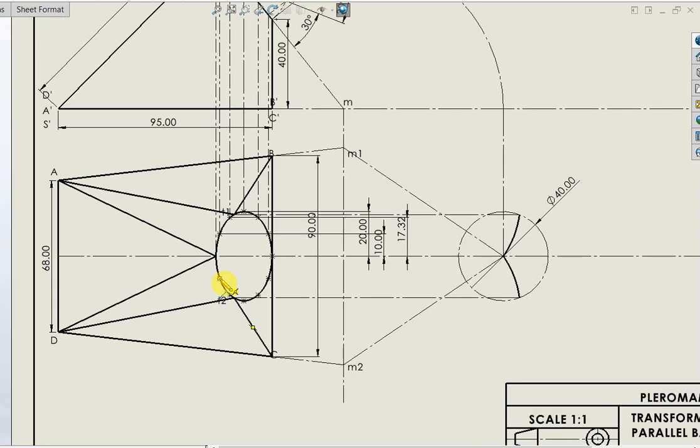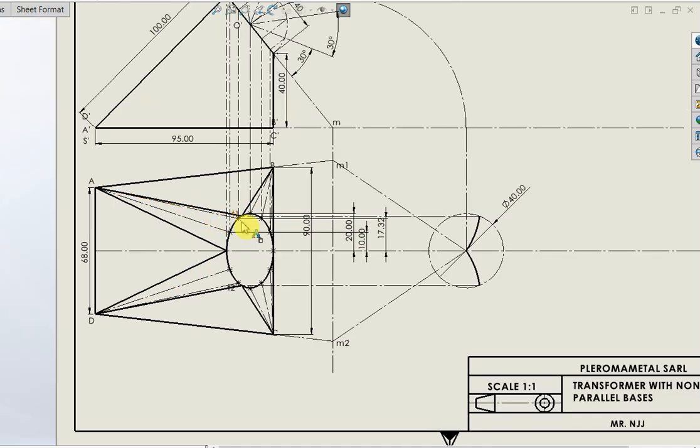From these points, I'm going to draw construction lines. Now we can name this point.